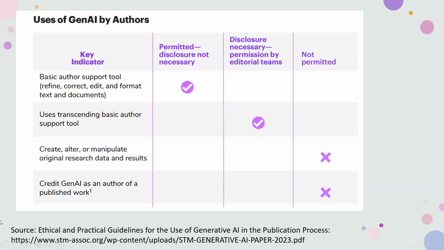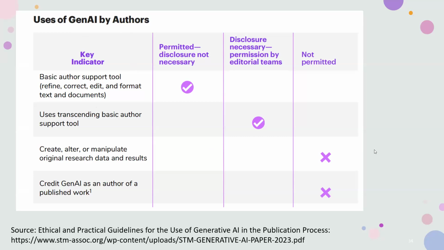So this is a good summary of a practical guideline for the use of generative AI tools in the publication process for authors. This guide from STM outlines the practical guidelines for authors, editors, and readers as well, in terms of using generative AI tools throughout the publication process. I only extracted the guideline corresponding to the authors.